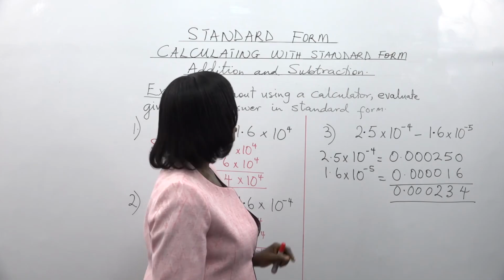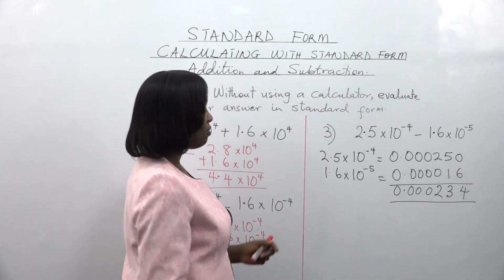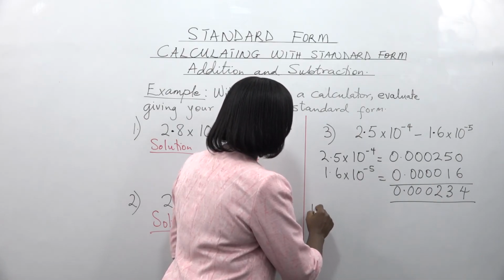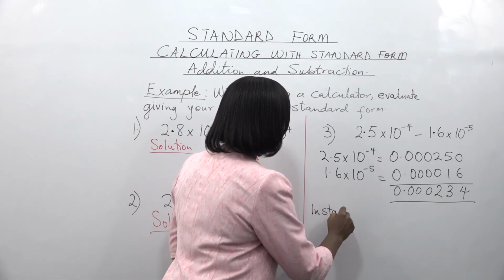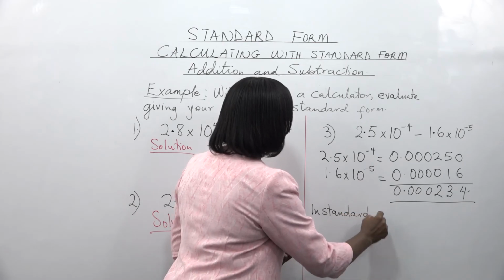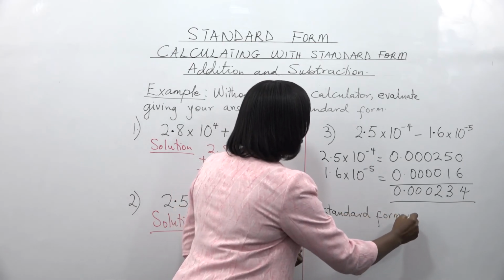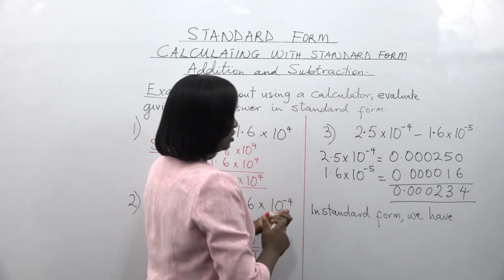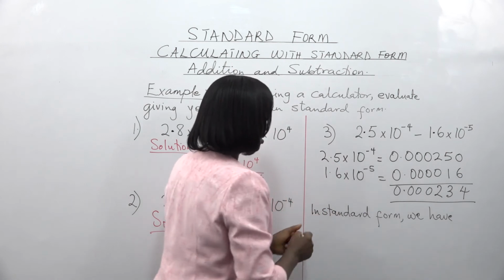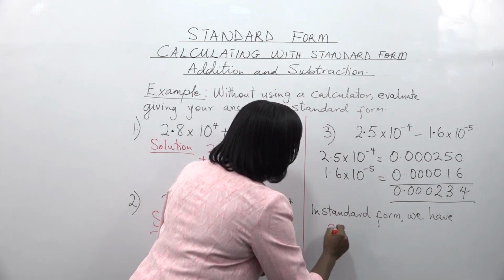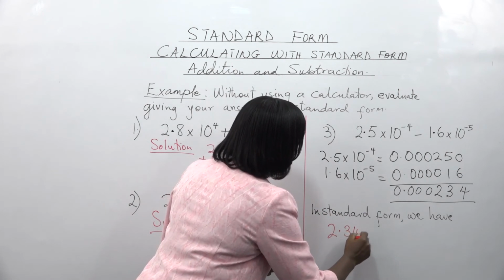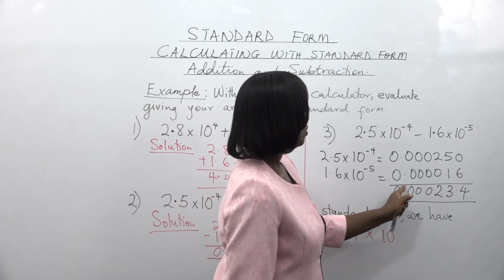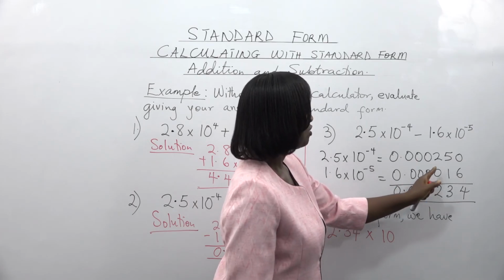So our answer is supposed to be in standard form. So the final answer in standard form, we have, it's going to be 2.34 times 10 raised to power what? 1, 2, 3, 4.